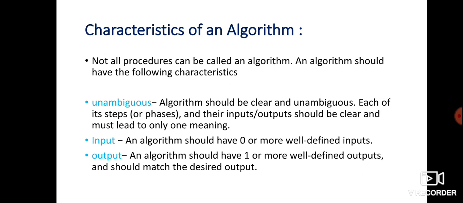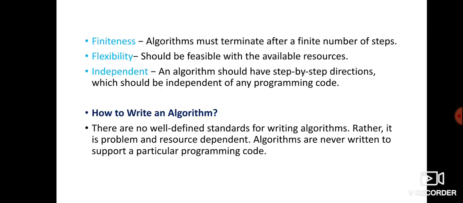Input. An algorithm should have zero or more well-defined inputs. Output. An algorithm should have one or more well-defined outputs and should match the desired output. Finiteness. An algorithm must terminate after a finite number of steps.